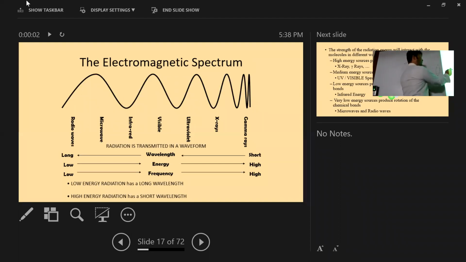The total beam comes to a certain point, and the intensity of the light is very high compared to before.